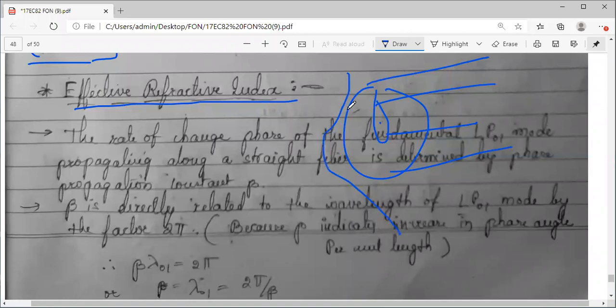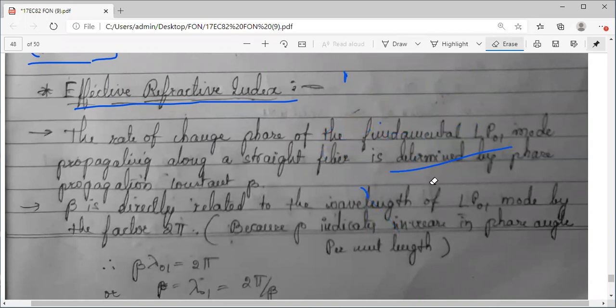Just now I have drawn a Gaussian distribution of the field. Some field is at the center core and some will spread into the cladding, and as modes increase, in case of multi-mode, if we go to higher order modes, the spreading of this field inside the cladding will go on increasing. You will get the least field in the core. This is the thing which you know already, hopefully.